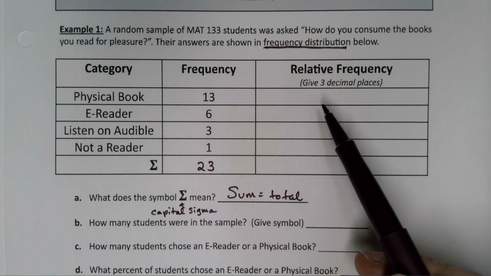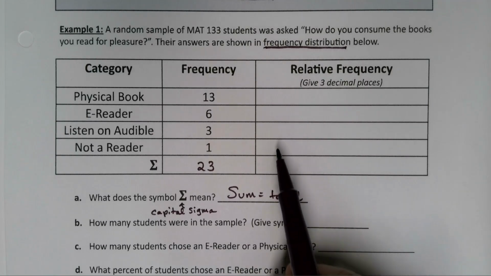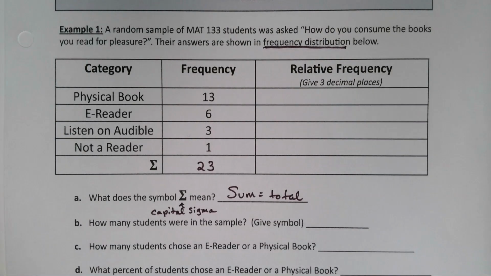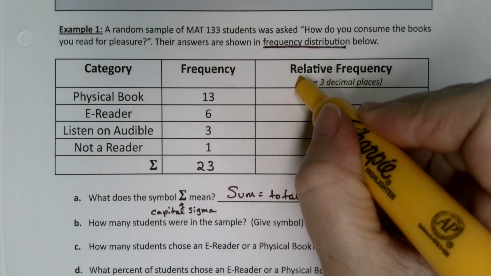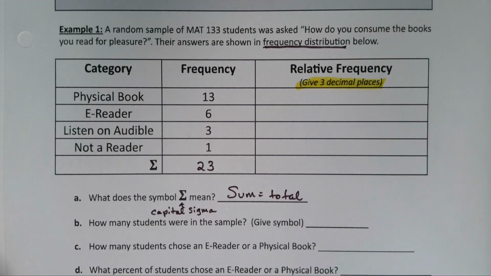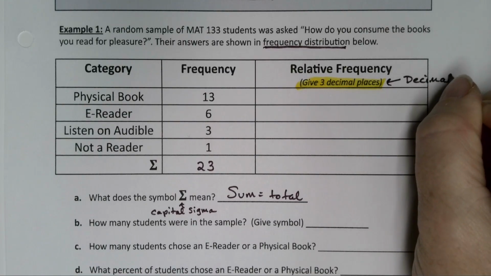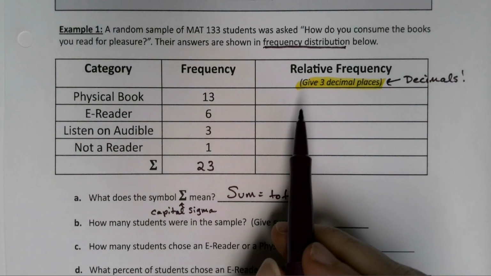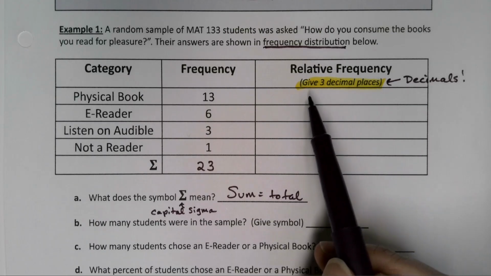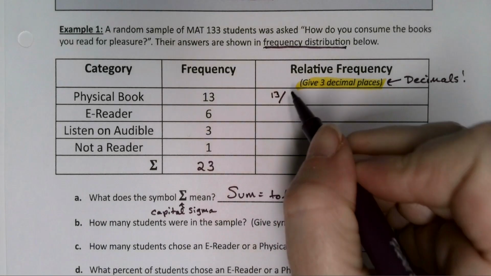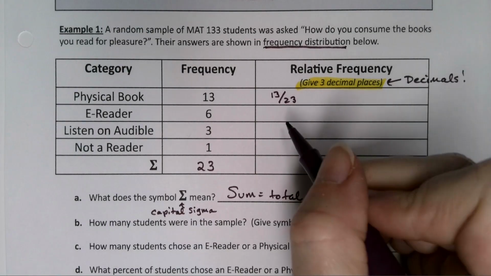Now I want the relative frequency. All right, well, the relative frequency, and it says right here we want to have 3 decimal places. So that implies that we want decimals. Okay, so let's take 13 and divide it by 23 and find what that is.